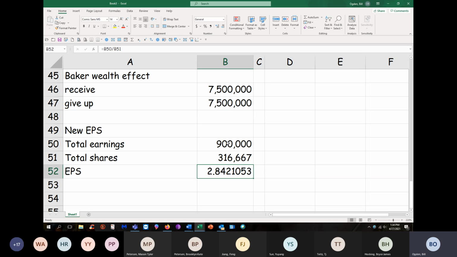All right. So we will work with both scenarios. We will work with both a cash offer and a share offer. So we'll do all that on Tuesday.